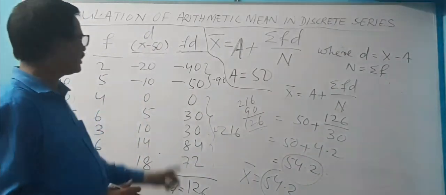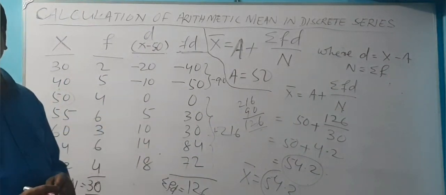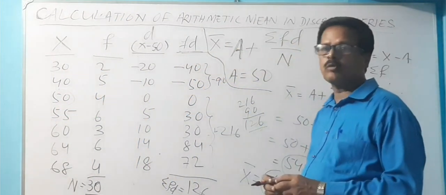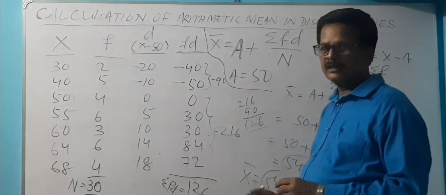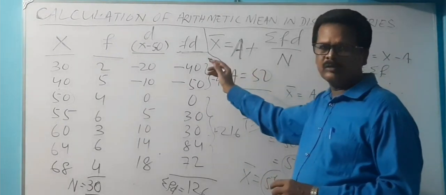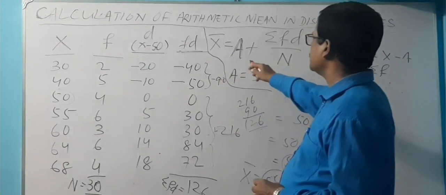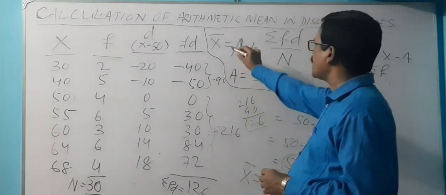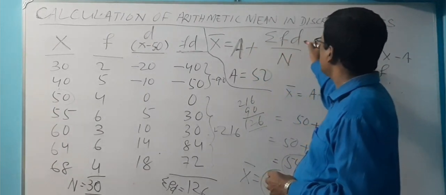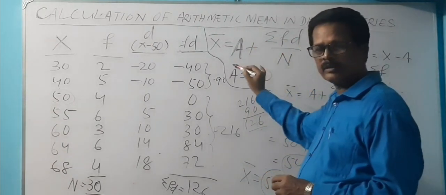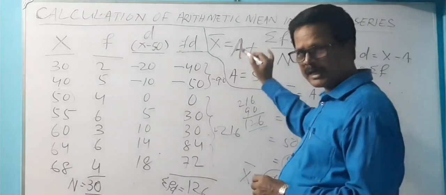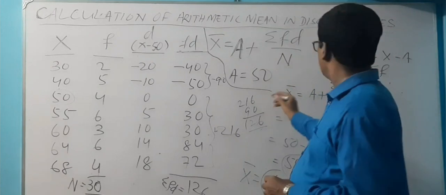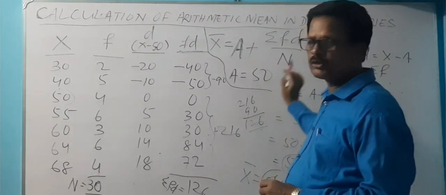Right. So this is how to calculate arithmetic mean through the shortcut method of a problem in discrete series. In discrete series, to calculate the value of arithmetic mean, we have to put the formula x bar is equal to A plus summation FD by n, where D is equal to x minus A and n is equal to summation f.